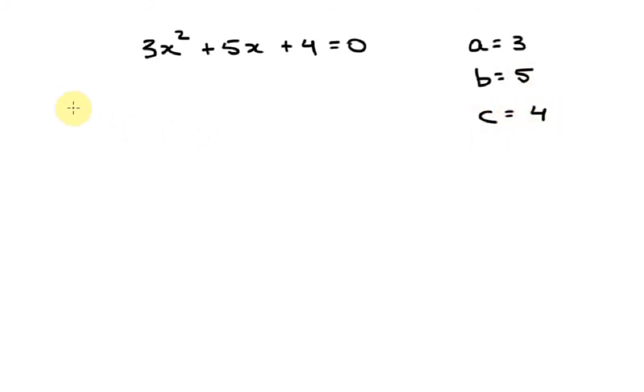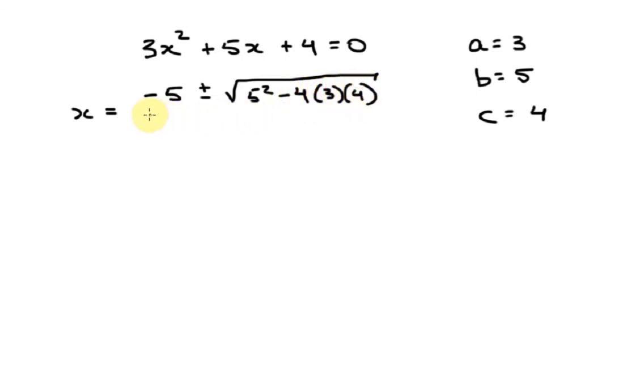So I can solve this for x. I'm going to have negative b plus or minus the square root of b squared minus 4 times A times C all over 2 times A.